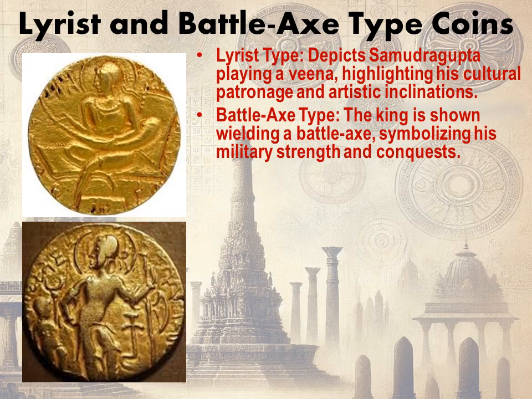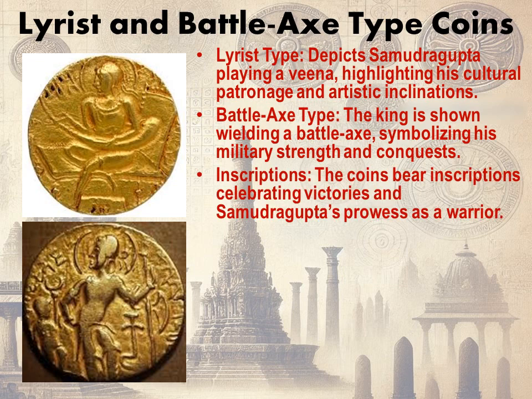So here we can see that Samudragupta is holding a battle axe, and that signifies his military strength and his conquest throughout this subcontinent. The coins bear inscriptions celebrating victories and Samudragupta's prowess as a warrior.